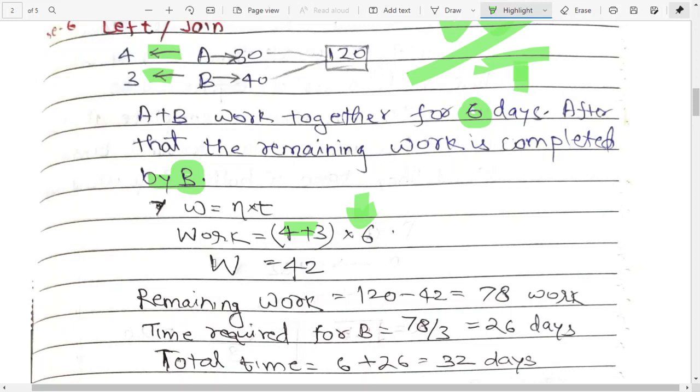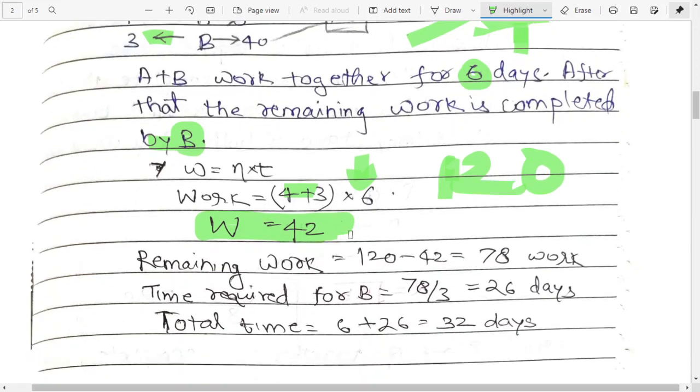So the total work they have completed within 6 days was 42. The total work which needs to be performed is 120, and they have already completed 42 units of work. So the remaining work is 120 minus 42, and you will be left with only 78 units of work.